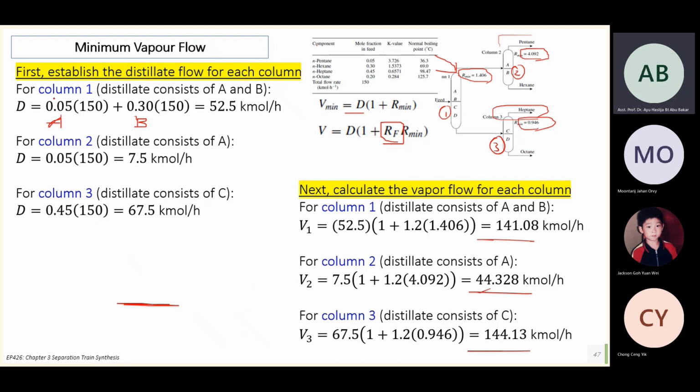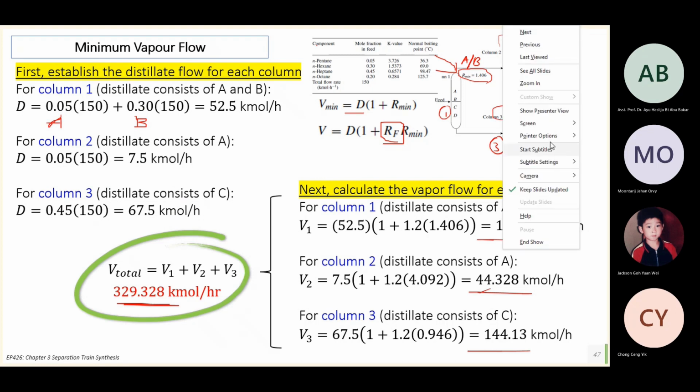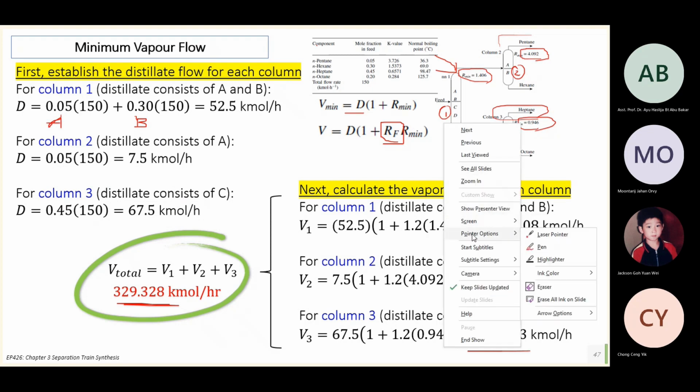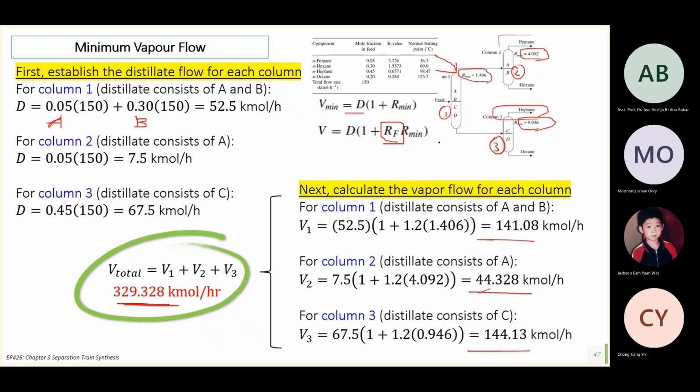Okay, for column 1, the distillate is A, B. Distillate for column 1 is A plus B. Distillate for column 2 is, wait, let me label.